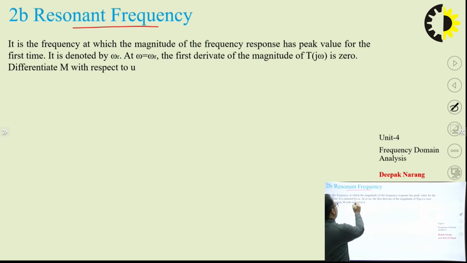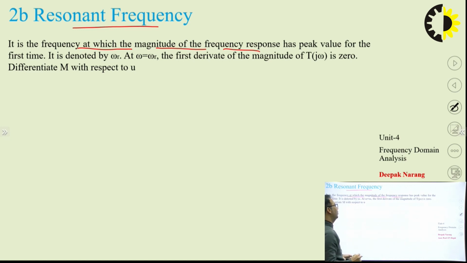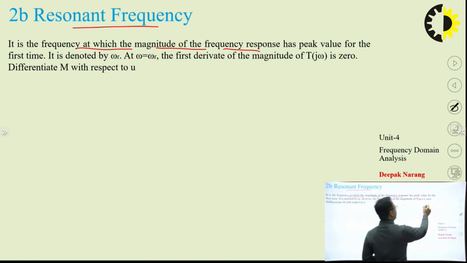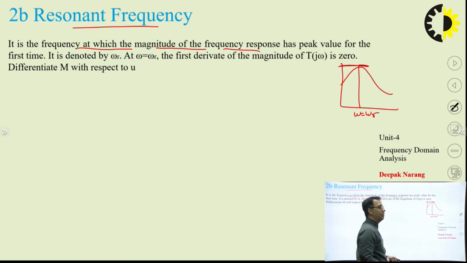As we know, the resonant frequency is that frequency where the magnitude of the frequency response has the maximum peak. If this is the frequency response, here will exist resonant frequency because this is the maximum value of this response.